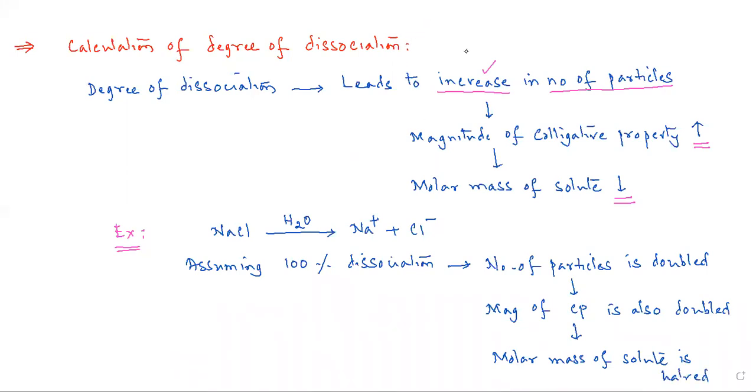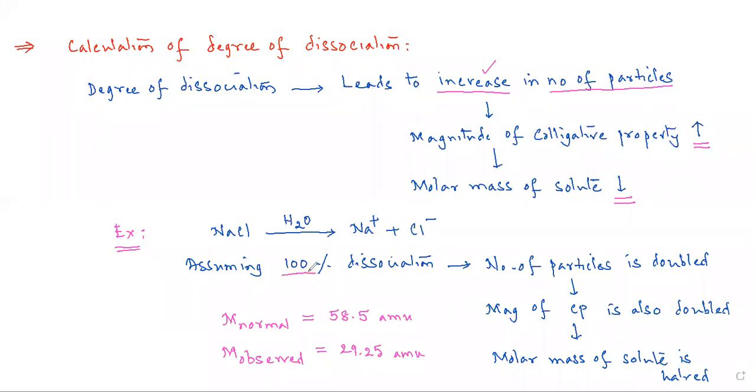So, the normal molar mass of sodium chloride is 58.5, whereas the observed one from one of the colligative properties will be 29.25 AMU. So it's exactly halved because we have assumed 100% dissociation.